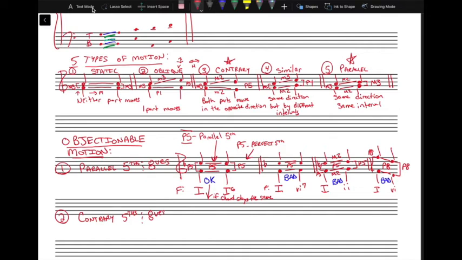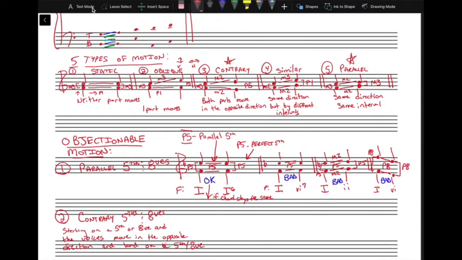So contrary fifths or octaves is when you are starting on an interval, a fifth or octave, and the voices move in the opposite direction and land on a fifth or octave.